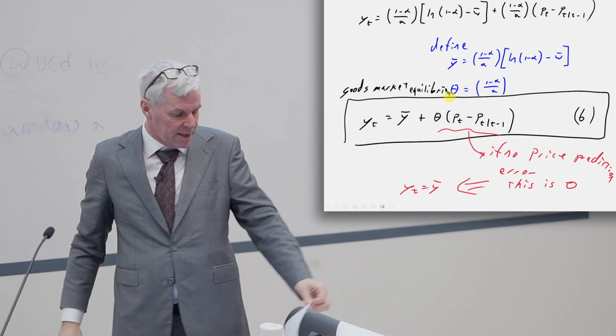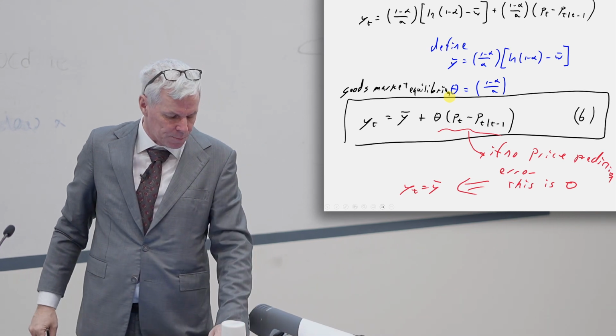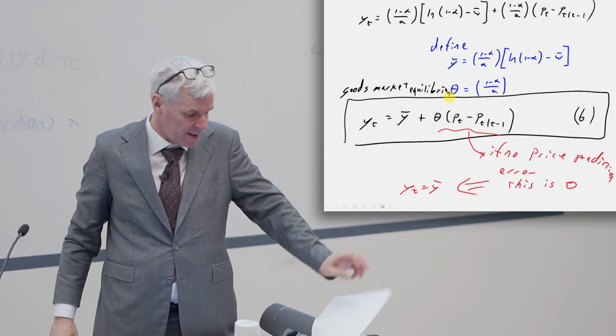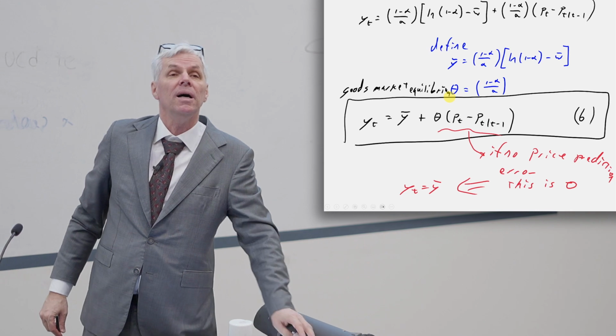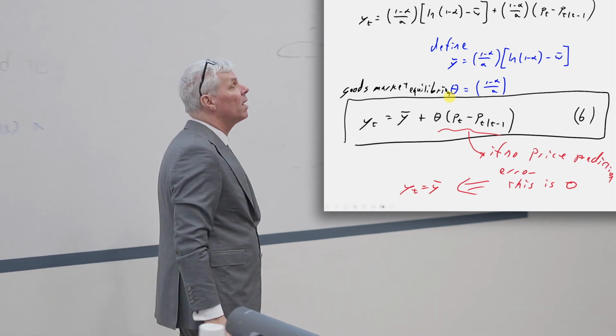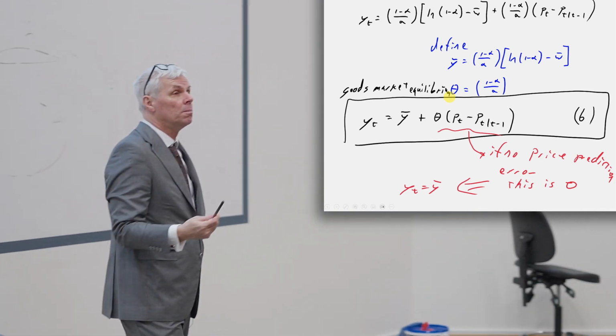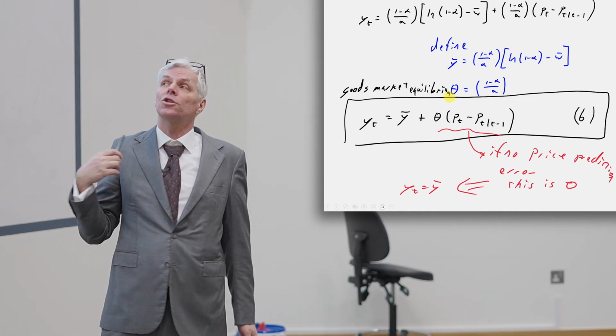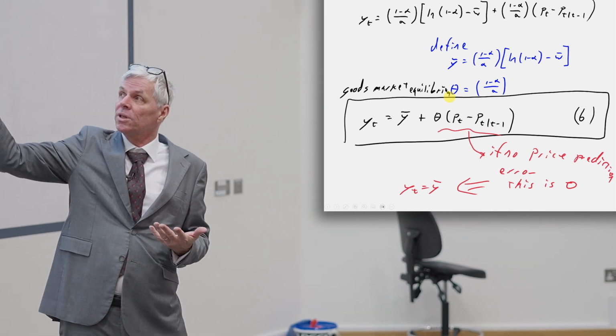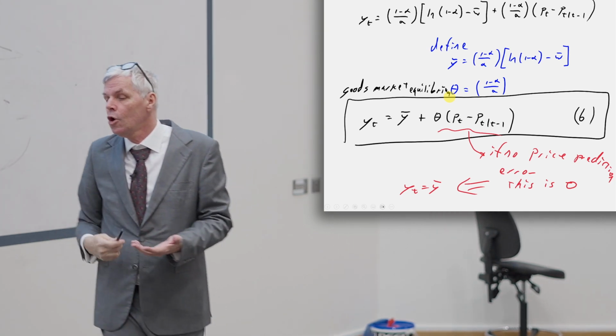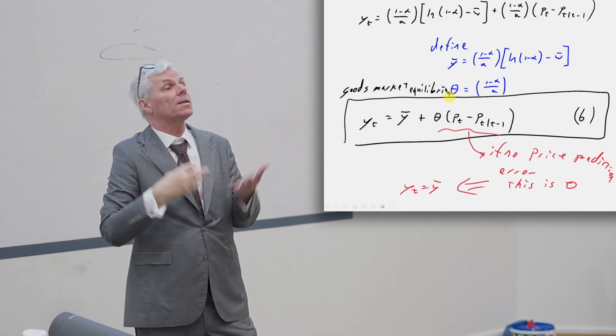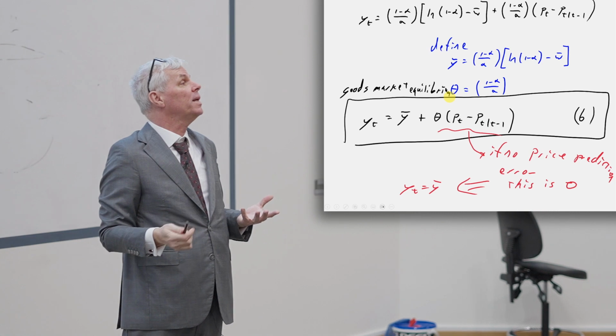Now I've been throwing in these price prediction errors. Well, we derived them a bit from our assumptions, but we have no reason in this model why anyone would ever make an error. And so in order to really make this useful, to really talk about price prediction errors, we need a reason why someone might make a mistake. So we need to put that in.